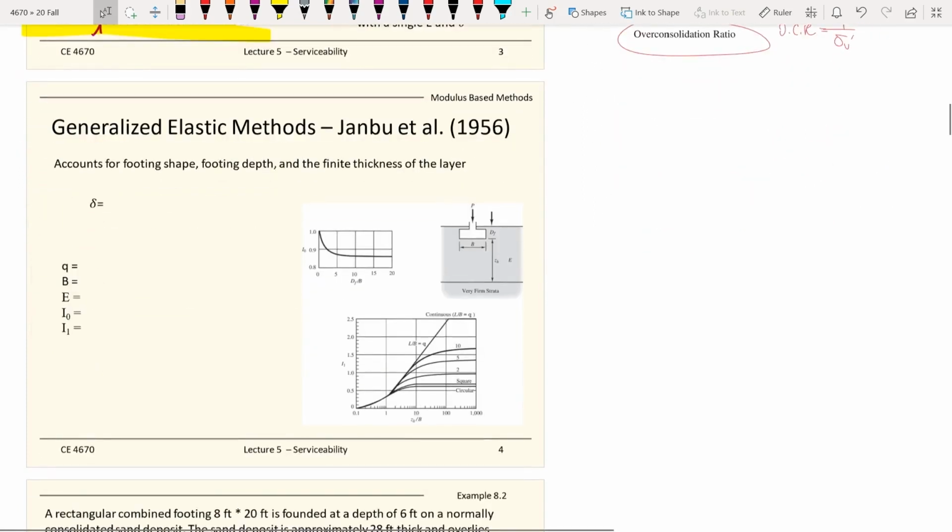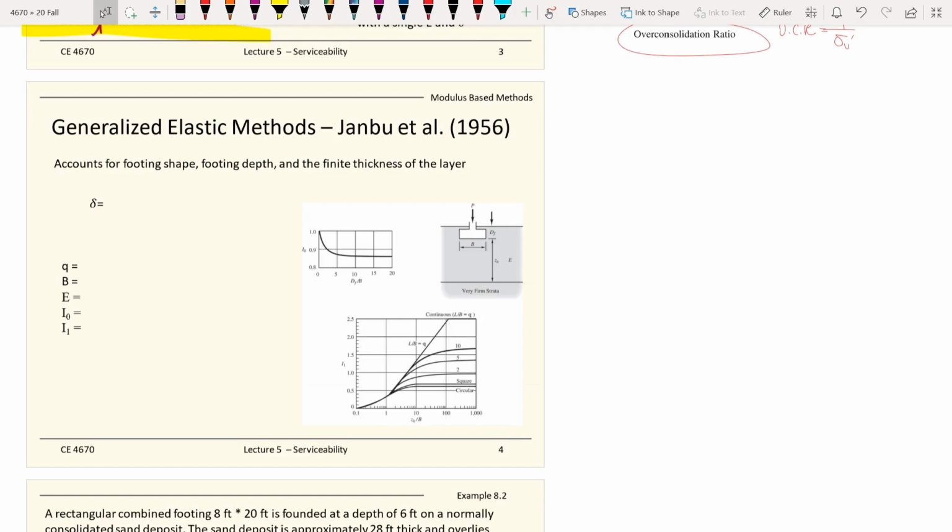So this method is maybe a little bit better because it accounts for some flexibility. You account for the footing shape, the footing depth, and you can also take finite thickness of the layers.